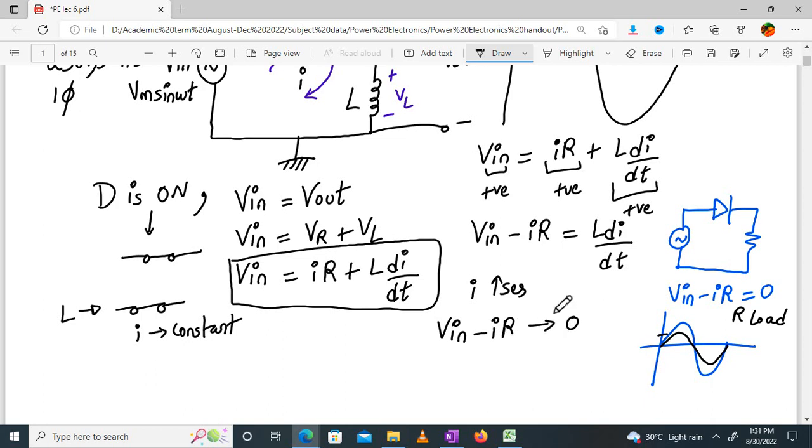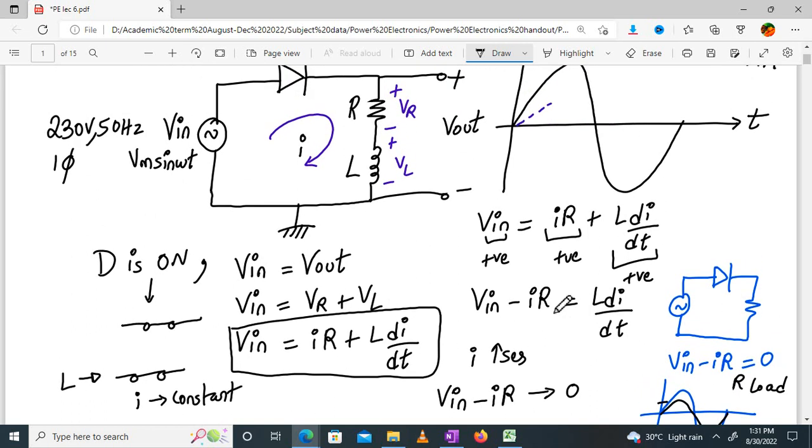How will it approach 0? See, R is constant, I is increasing. So at some point of time, the magnitude of IR, which is VR, the voltage across the resistor, will be equal to the V in voltage. At that time my current will be maximum.